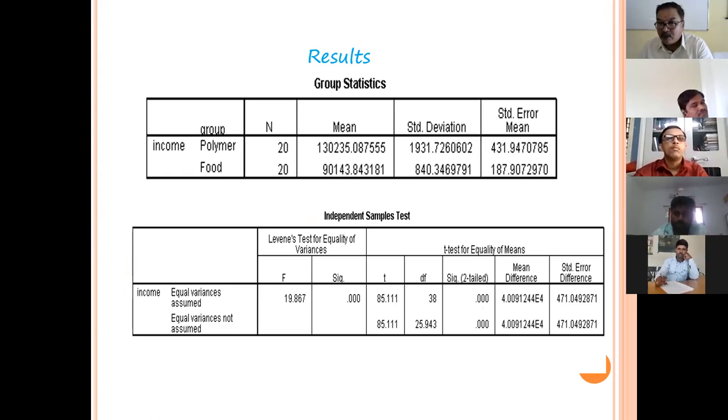Therefore, the two groups are different as well as their mean value. That is the argument: the two groups are different and their mean income is also different. That's the kind of argument we can make.